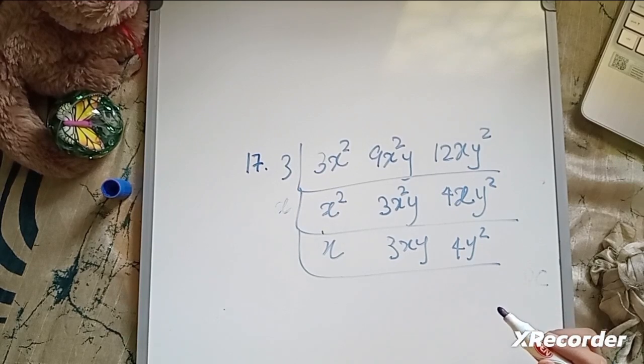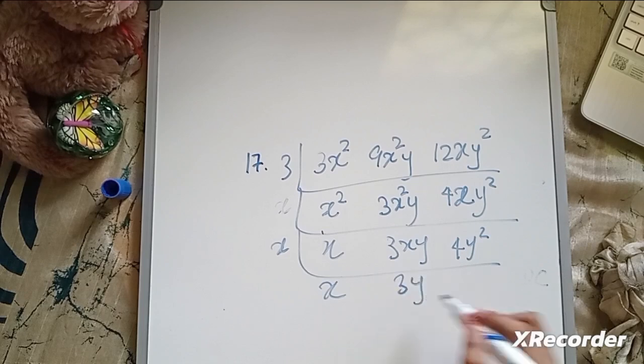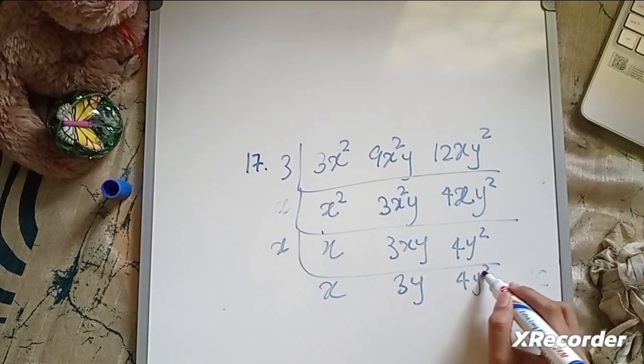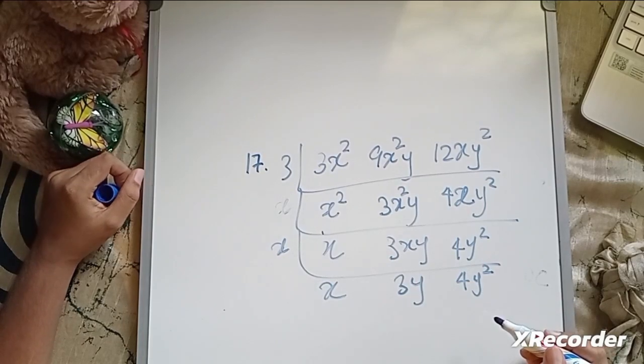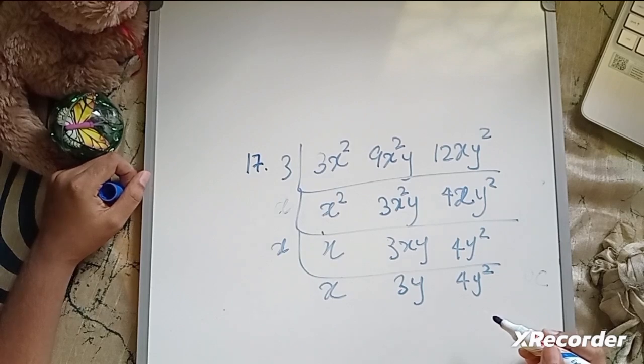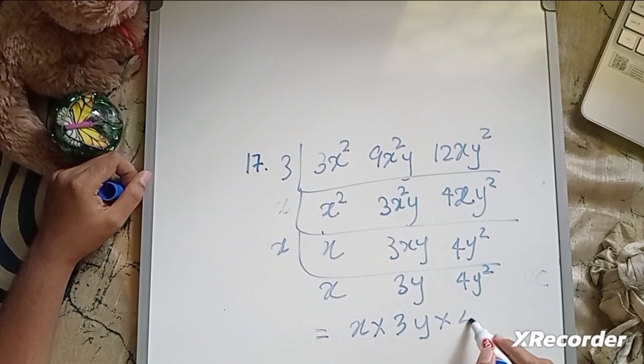Then we can divide this also by x again, 3y and 4y squared. Then we have to multiply all of these. So the least common multiple is x into 3y into 4y squared, which is 12xy squared.